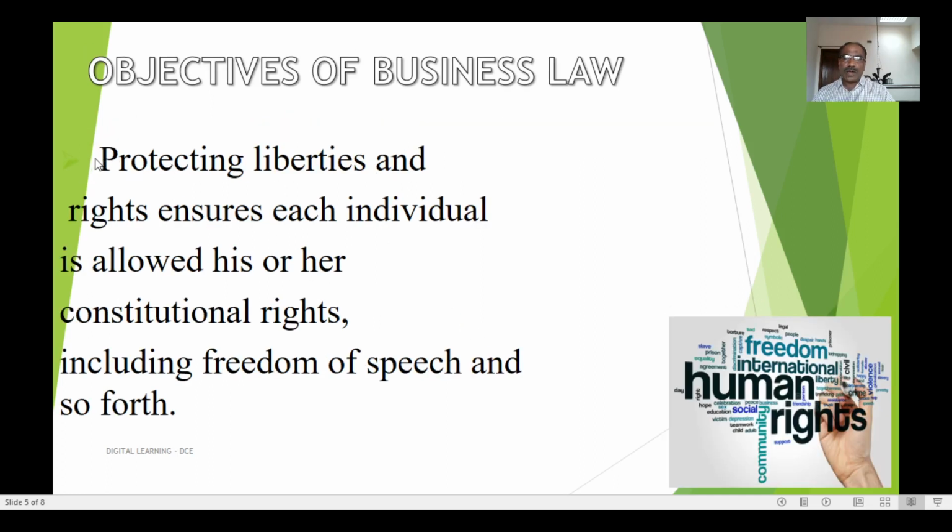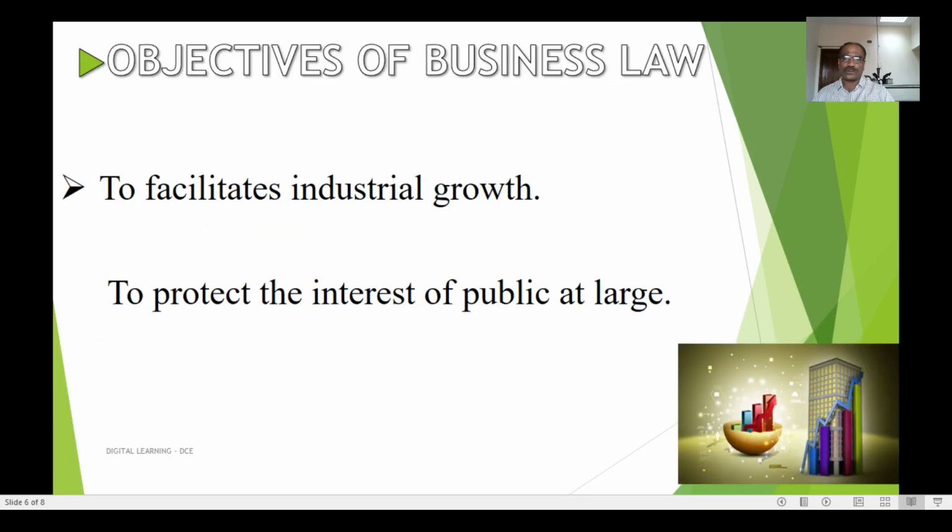One more objective of business law is protecting liberties and rights, which ensures each individual is allowed his or her constitutional rights, including freedom of speech and so forth.